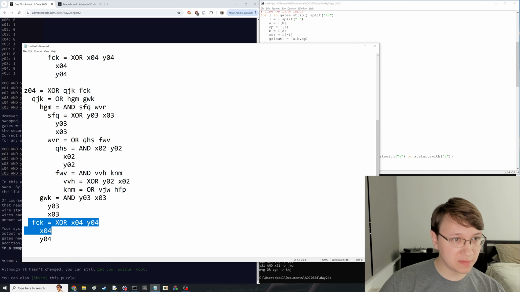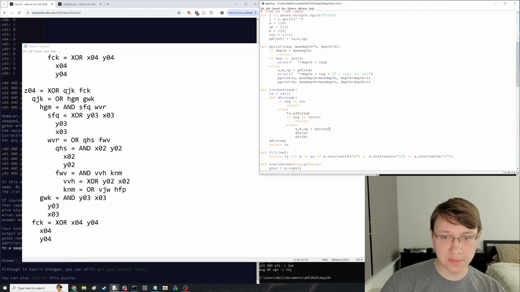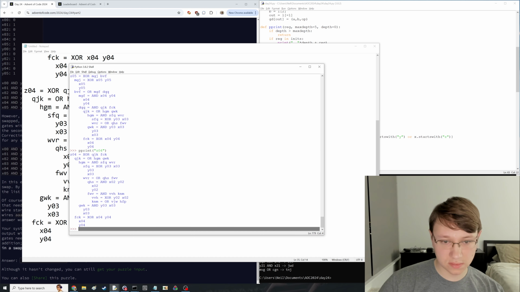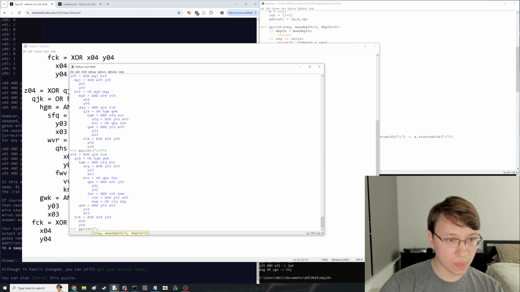So again, we have the XOR of these. The XOR of these two, we want to XOR with something else as well. But when it comes to Z12, I could use lower max depth, by the way. I think this would be still pretty readable.